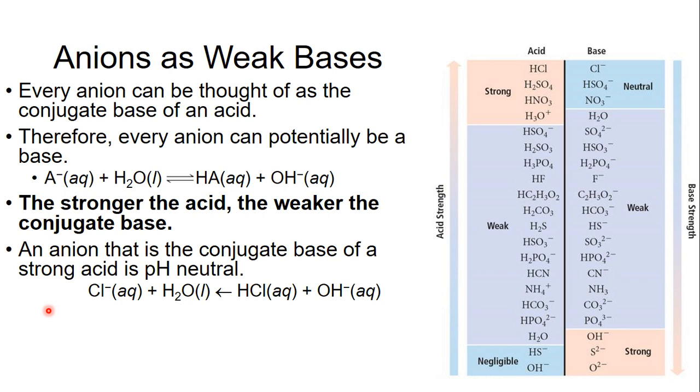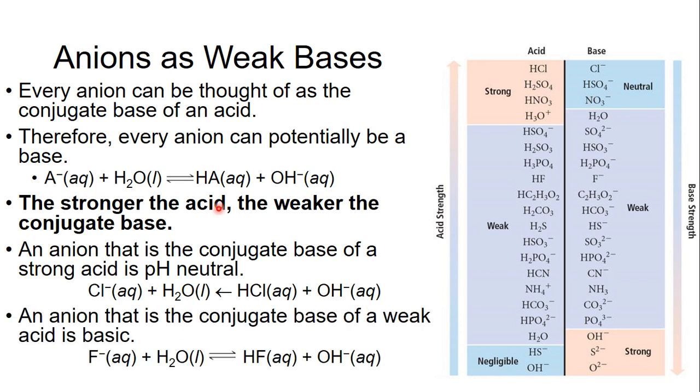So for anions, if you're the conjugate base of a strong acid, you're not going to affect the pH. You're not going to reform your acid. However, the conjugate base of a weak acid will form a basic solution. So F minus: if you put a lot of F minus in solution, or you put sodium fluoride, NaF, it will break apart into sodium ions and fluoride ions. That fluoride is now a weak base, and some of it will go and form the weak acid because of equilibrium.